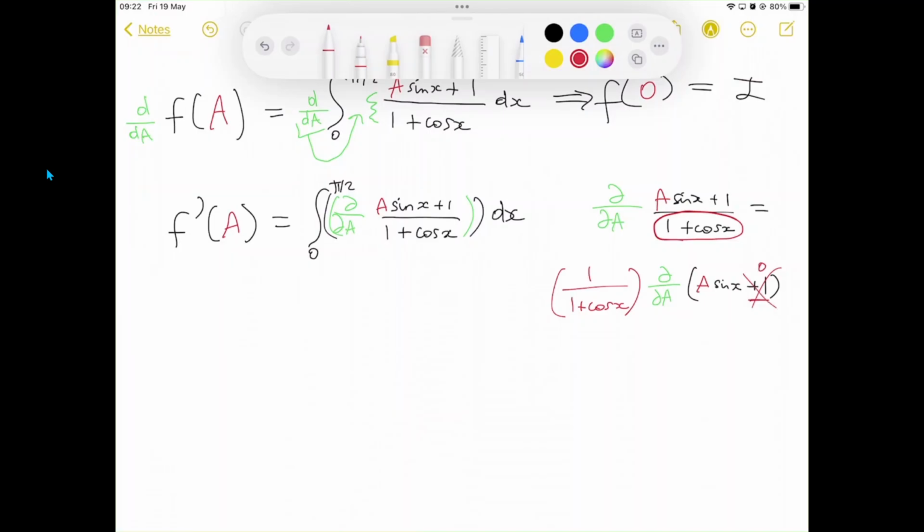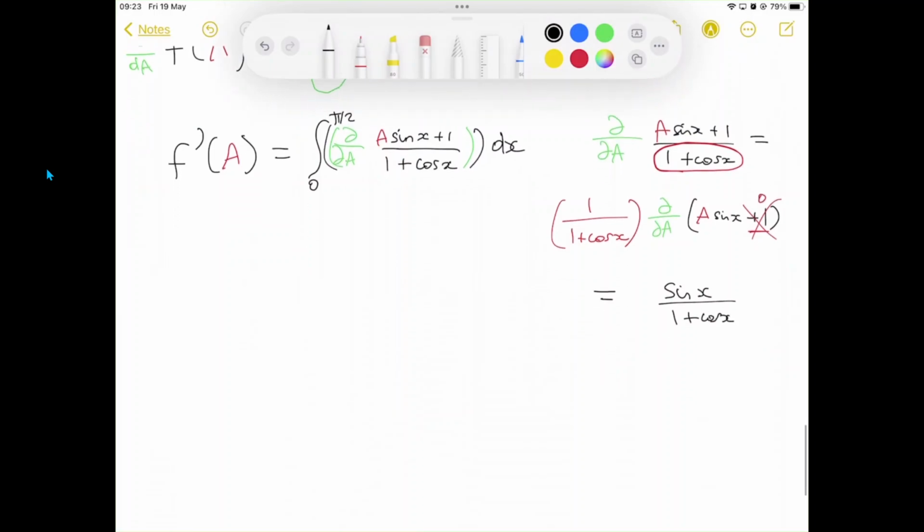If you do the derivative of a with respect to a, you get 1. You multiply that by sine of x, you get sine of x. So therefore, this partial derivative ends up being equal to sine of x multiplied by 1 over 1 plus cosine of x, which is sine of x over 1 plus cosine of x.